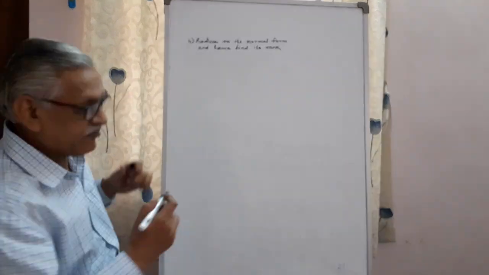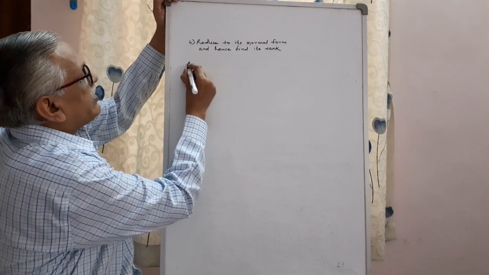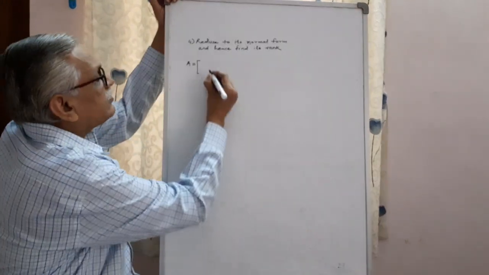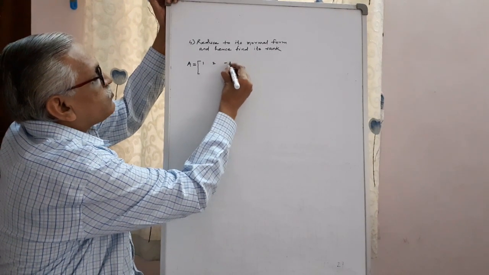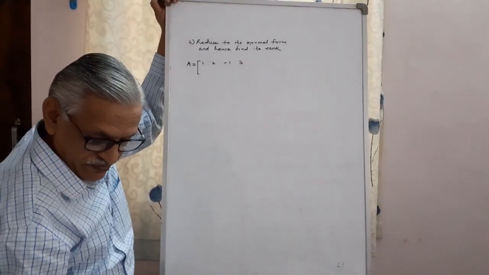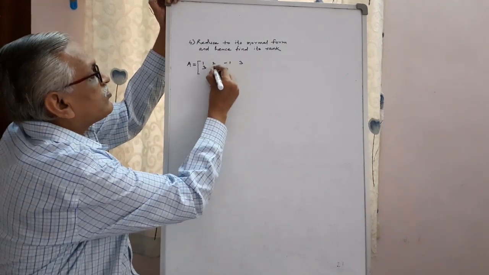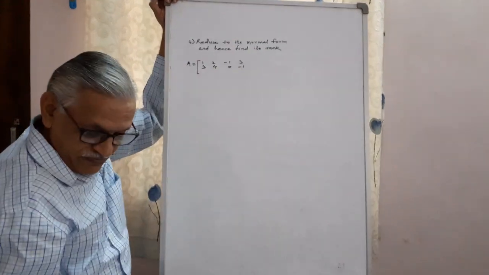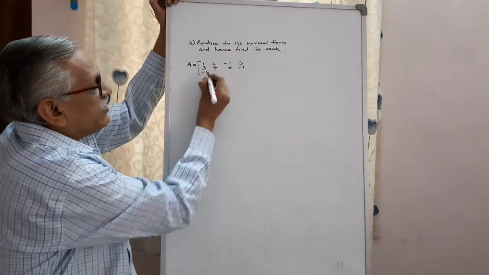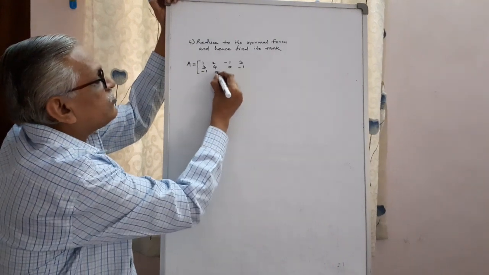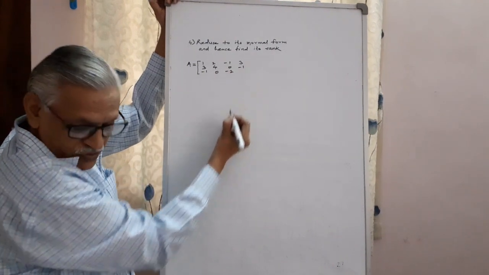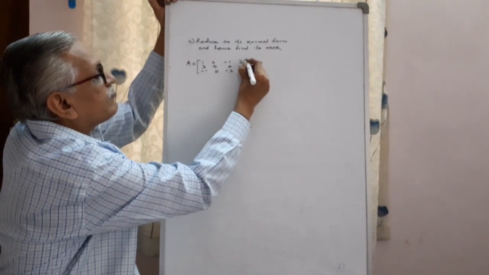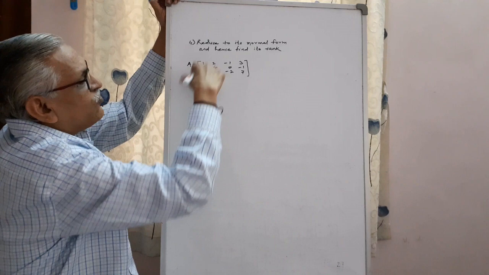For the matrix, I will consider matrix A as [1 2 -1 3; 3 4 0 -1; -1 0 -2 7]. It has 3 rows and 4 columns.